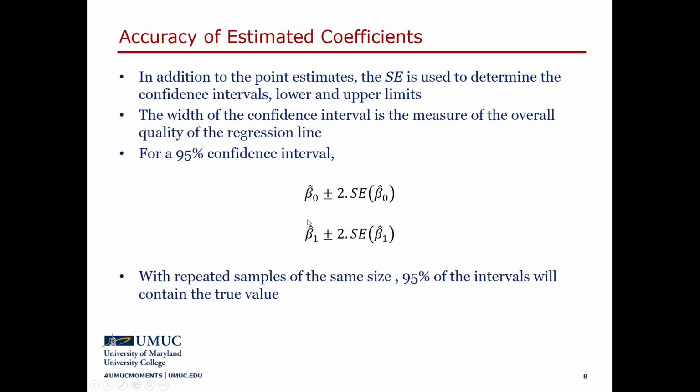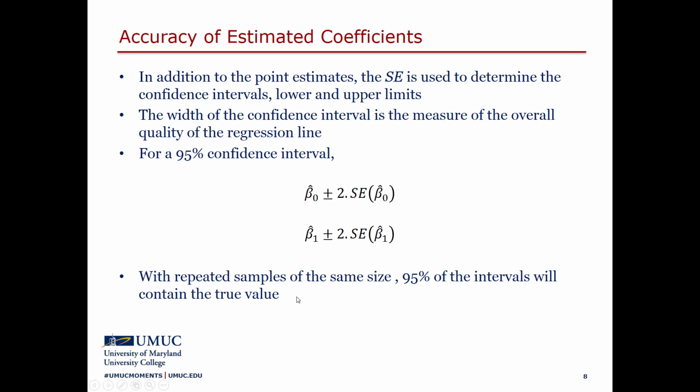So here you see the confidence interval for the intercept is plus or minus 2 times the standard error of the estimated quantity, which is the intercept, and here the same thing for beta 1. So the estimated quantities fall between minus 2 times the standard error of that estimated coefficient and 2 times the standard error of that coefficient.